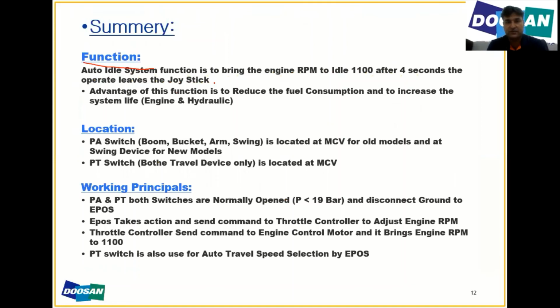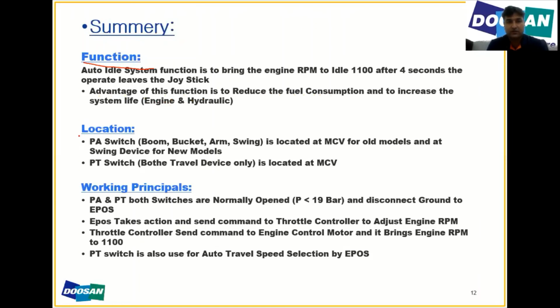And vice versa, when the operator starts operating the machine, the auto idle system will take the RPM back from 1100 to maximum. Advantage: it reduces fuel consumption and increases the system life.